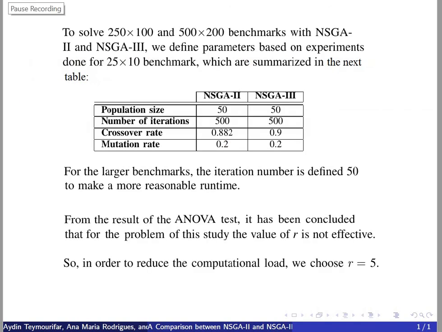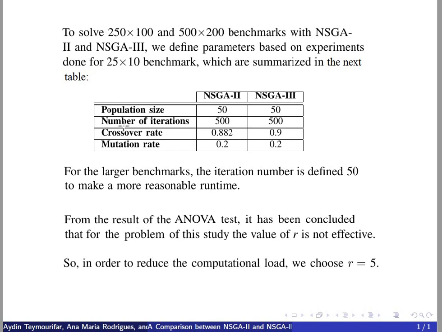So until now, we defined the level of factors based on the Taguchi and RSM methods for the small benchmark. Now we want to use this information to solve the medium and large benchmarks.